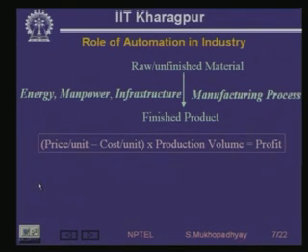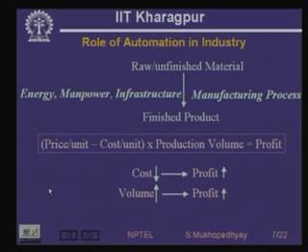For example, if you can bring down cost, your profit will increase, right. Similarly, if you can increase the production volume, assuming that the market is large enough so that you can sell them, then also your profit will increase.